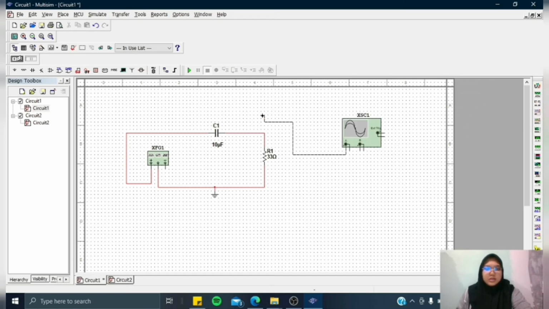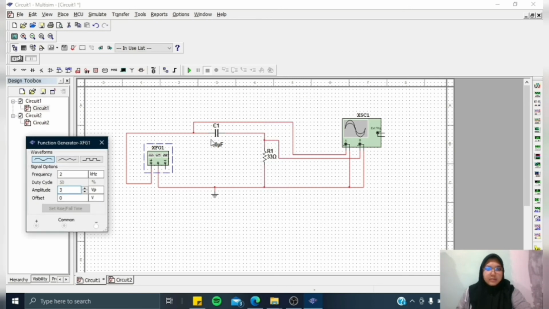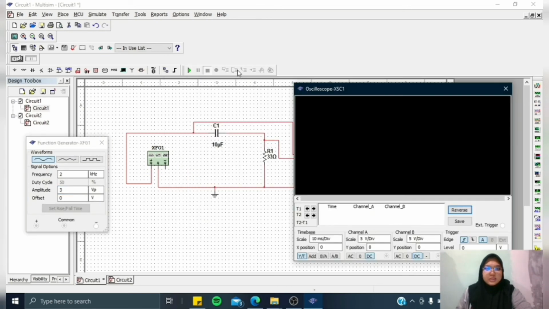For channel A, to capacitor and channel B, to resistor. Set the function generator for the frequency of 2 kHz and the amplitude of 3 Vp. Run the simulation.